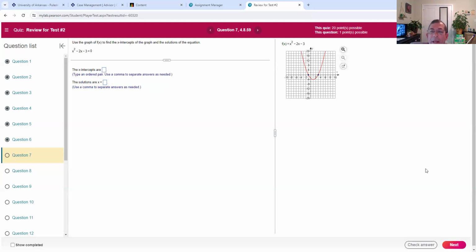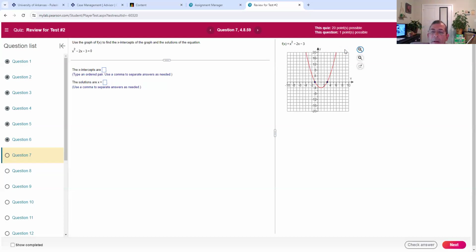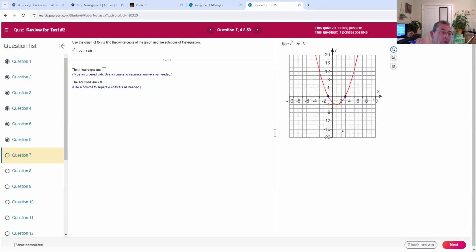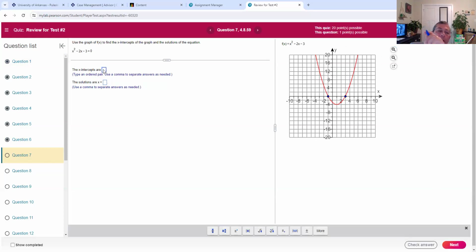All right, y'all, so everything we need is on this problem right here. So the first question, you got two x-intercepts here. So for this question, it says the x-intercepts are, what would y'all put in that blank?